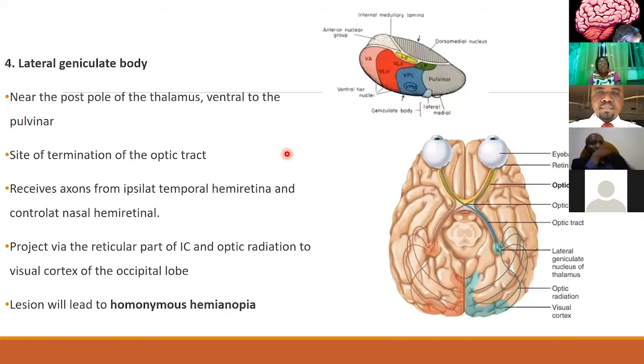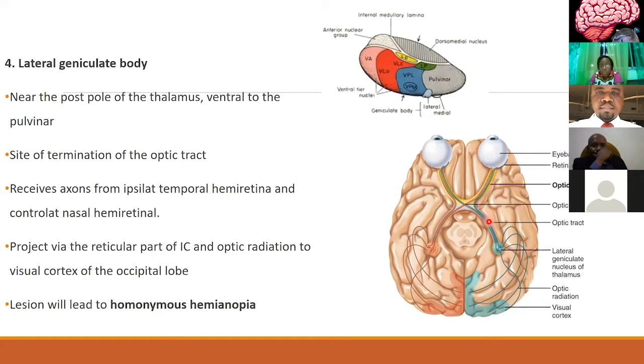The lateral geniculate body is found near the posterior pole of the thalamus, next to the pulvinar, ventral to the pulvinar. It is the site of termination of the optic tract. It receives axons from the ipsilateral temporal hemiretina and contralateral nasal hemiretina.